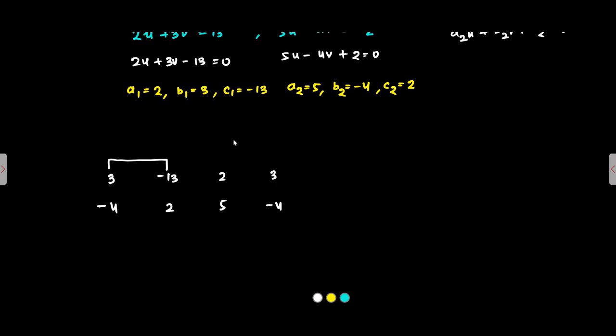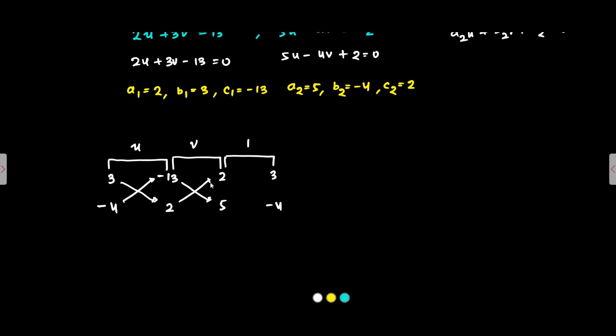So here it will be u instead of x, here it will be v, and here it will be 1.